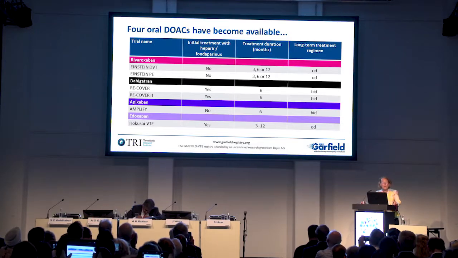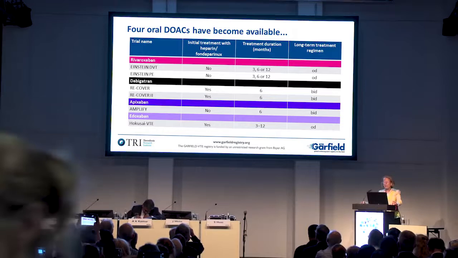Meanwhile, we have 4 direct oral anticoagulants available: 3 10A inhibitors, such as rivaroxaban, apixaban, and edoxaban, and 1 thrombin inhibitor, dabigatran.